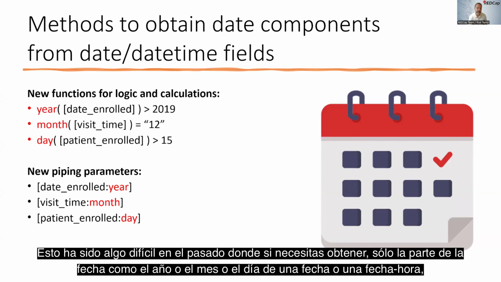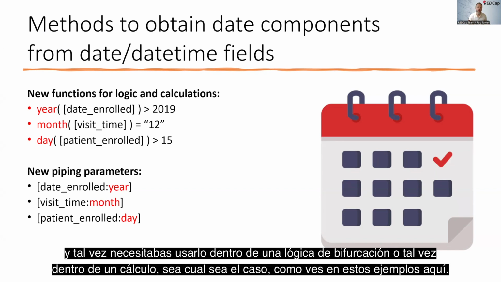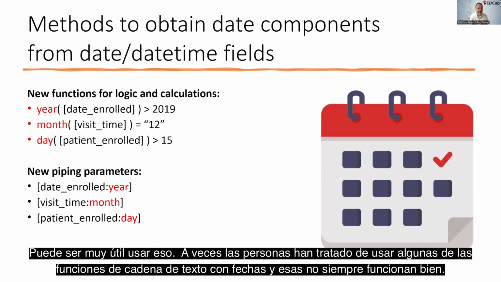This has been a difficult thing in the past, where if you need to just get the date portion, like the year or the month or the day from a date or a date time, maybe you need to use that inside branching logic or maybe inside a calculation, whatever the case may be, like you see in these examples here. It can be very useful to use that.